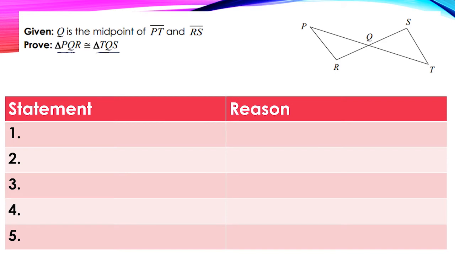So let's start out with our given statement here. And it says that Q is the midpoint, abbreviating midpoint, of PT and RS. So let's label that. It's always good to label as you prove. So I'm going to label Q as my midpoint here.